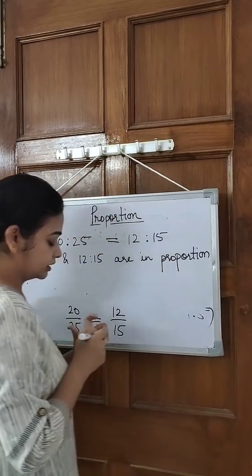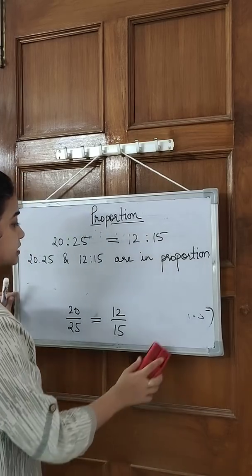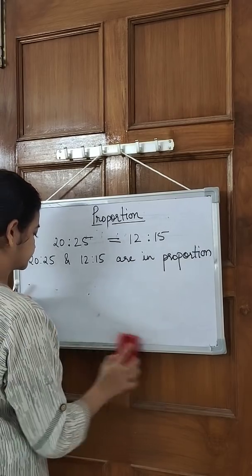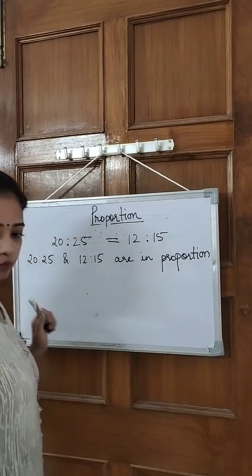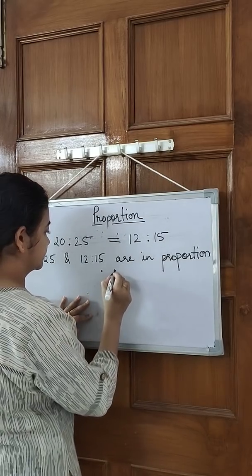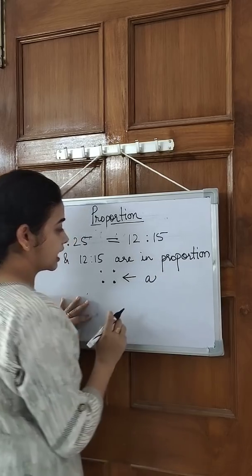Okay. Now there is a symbol. Instead of this equality, we use a symbol when we say this word proportion. And what is this symbol? Symbol is these two colons. And what we call these two colons is as.